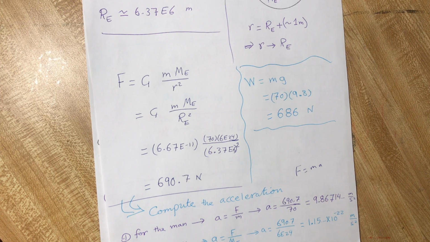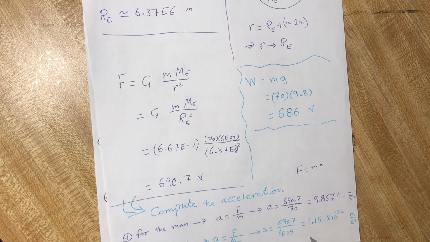Okay, what is the acceleration of the earth? We need to use the force F divided by the mass of the earth. It is not the mass of the man. It is a huge quantity, which is 6 multiplied by 10 to 24. This will give us 1.15 multiplied by 10 to minus 22 meters per square second.